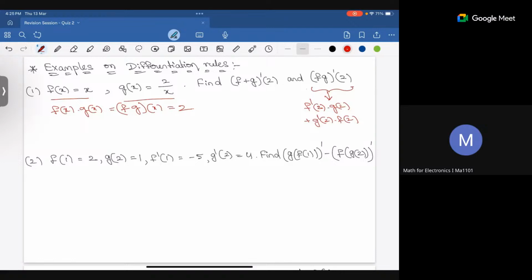And when I take the derivative of a constant, what is the derivative of a constant function? 0, right? The derivative at any point will be 0. So at point 2 also it will be 0.